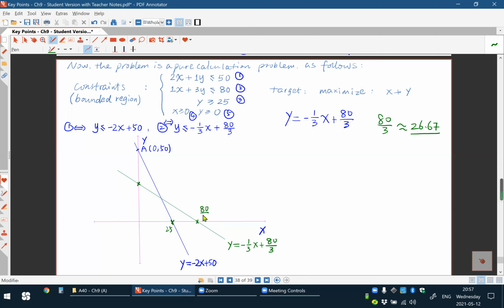This is 80/3. And what is the y coordinate of this point? Oh, sorry, this should be 80/3. And what is this point? This point should have y as 0, so x should be 80, right? This should be 80.